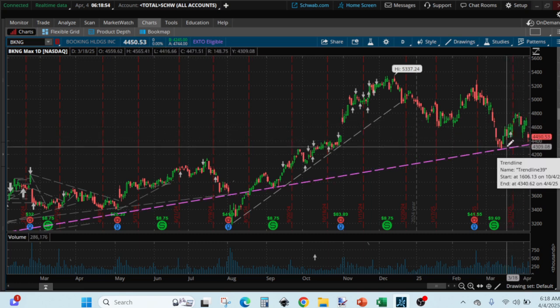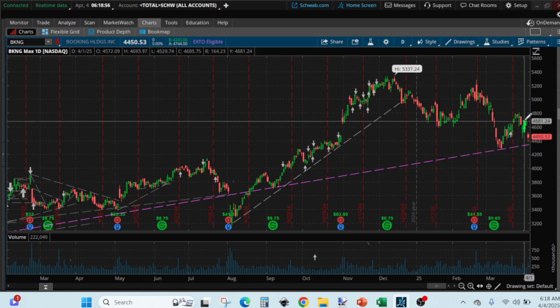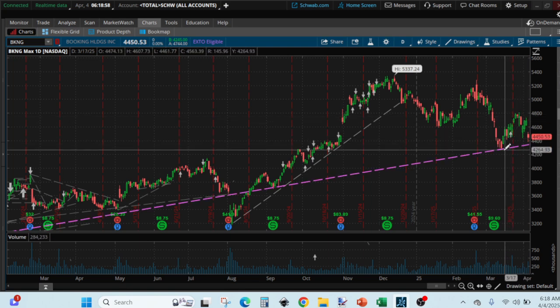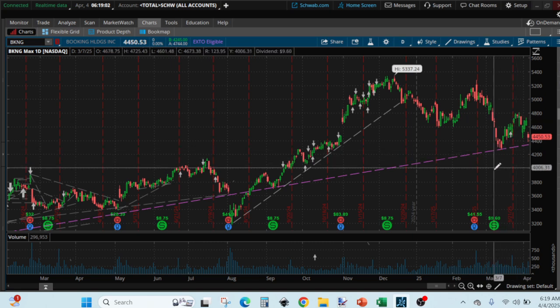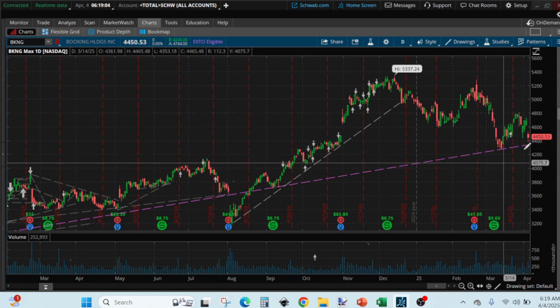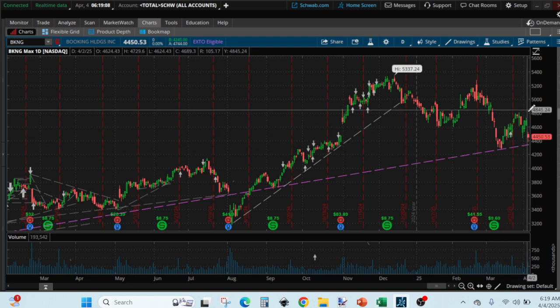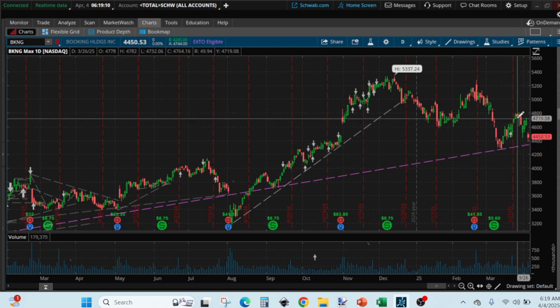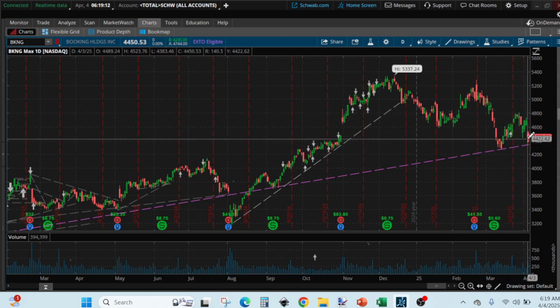If I try to connect this red bar to this one, it's going to be an uptrend. Does that make sense? To see an uptrend line around the support line, you want to buy before you get in. But again, there is a slight chance that it's going to do this.